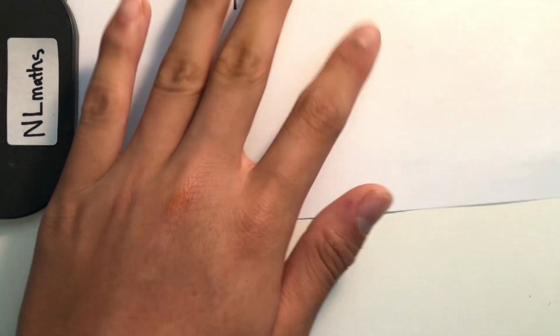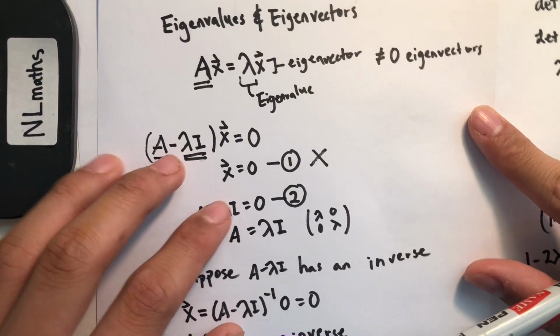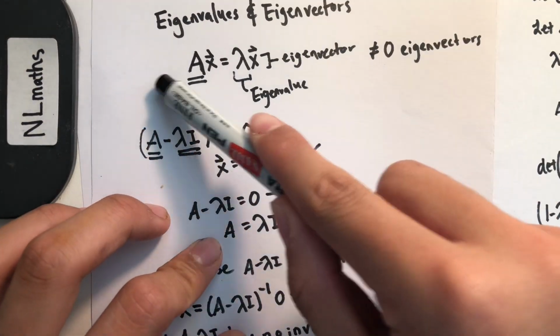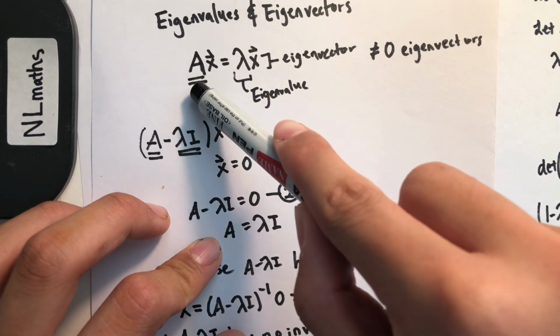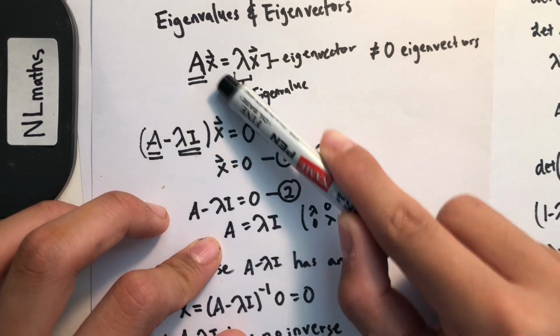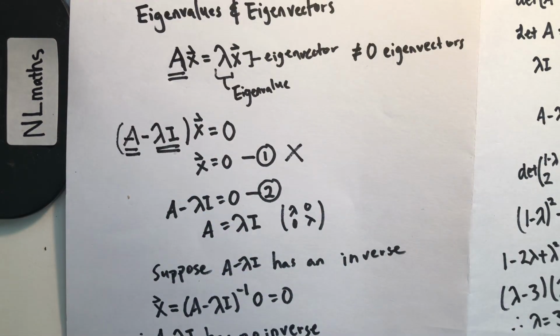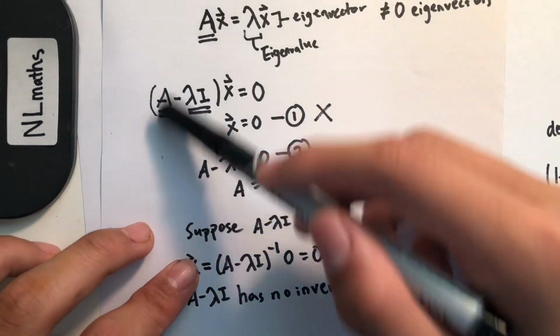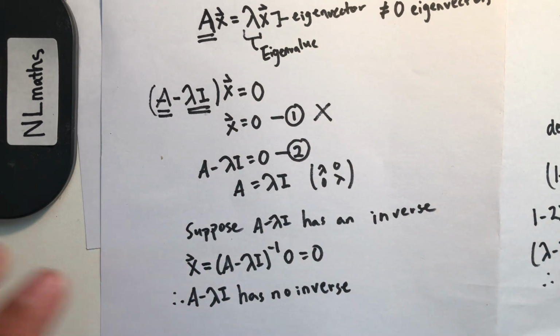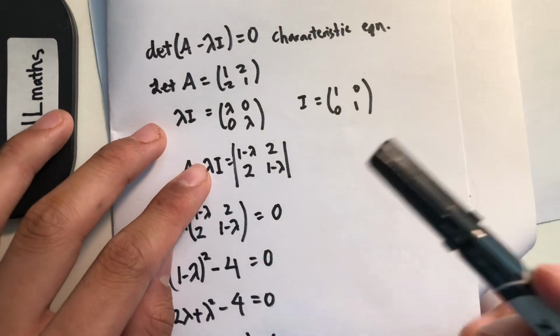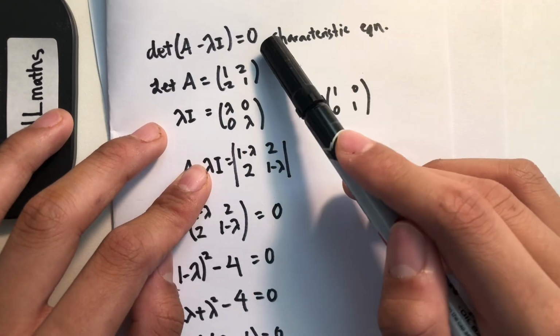So as a recap, eigenvectors and eigenvalues follow this particular equation. The matrix A times an eigenvector x equals lambda times x, and lambda is a constant. So we looked at a few different examples and came to the conclusion that it must satisfy the characteristic equation: determinant of A minus lambda I equals 0.